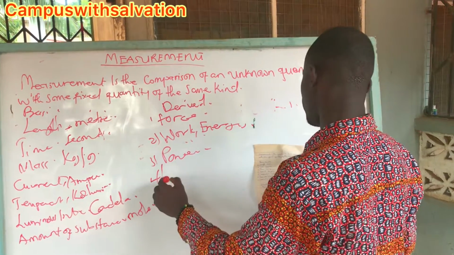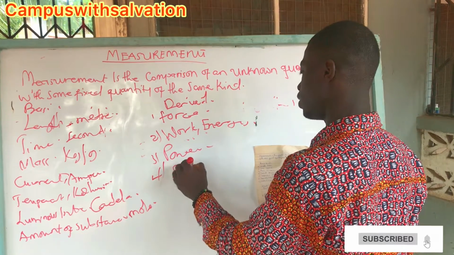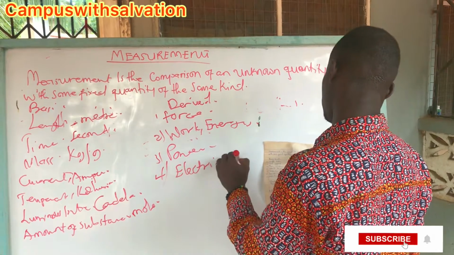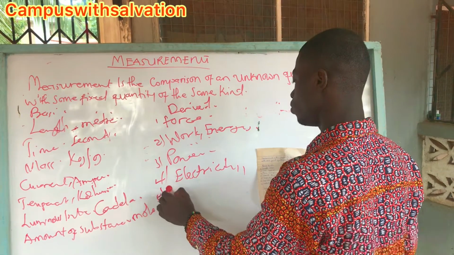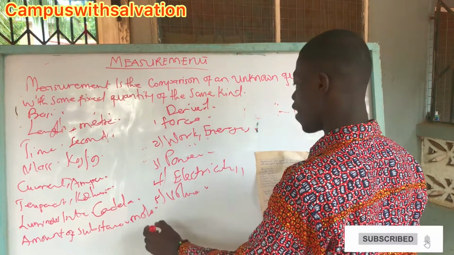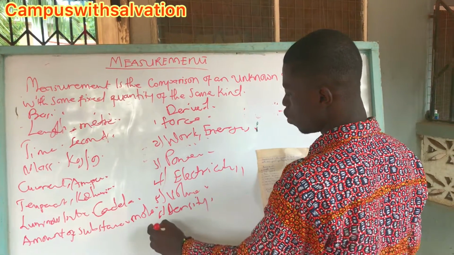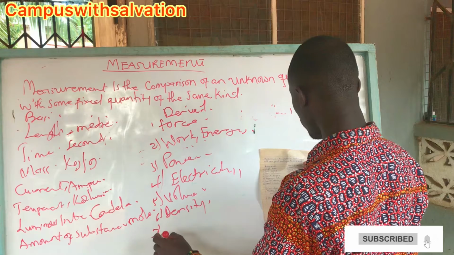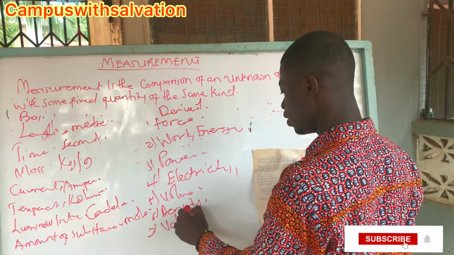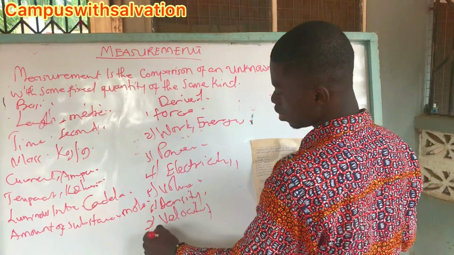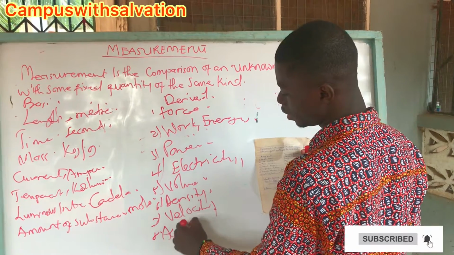Yes, these are derived quantities. They are many. We have electricity, volume, density, velocity, and acceleration.